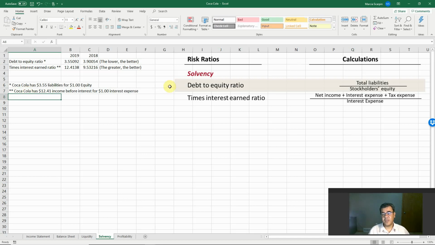This second ratio here is not so often seen in analysis and so on. However, the first one is one of the most important ratios of financial statement analysis.